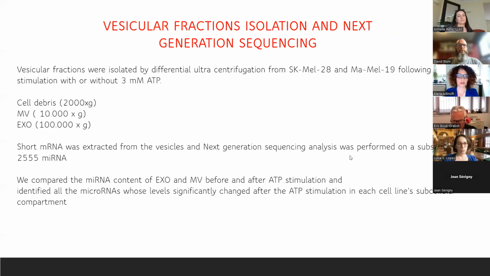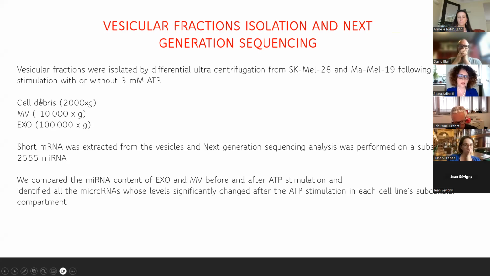So to analyze the microRNA content of our vesicles, we performed a next-generation sequencing experiment, starting from 2 different human melanoma cell lines. These are metastatic melanoma cell lines, which do express the P2X7 receptor. We treated them with 3 millimolar ATP, and then we collected microvesicles and exosomes by differential ultracentrifugation.